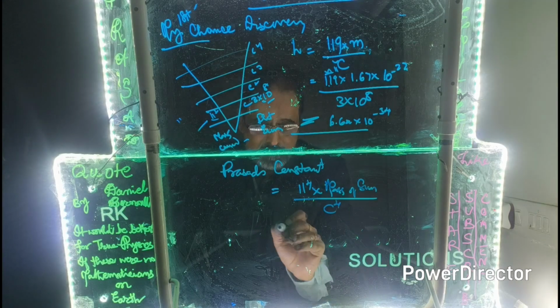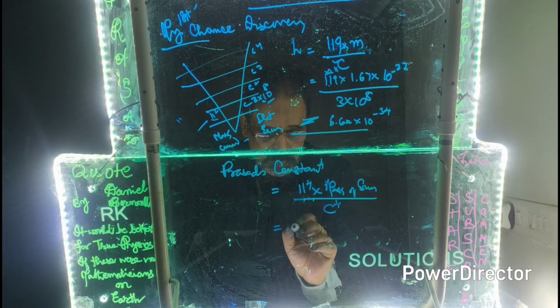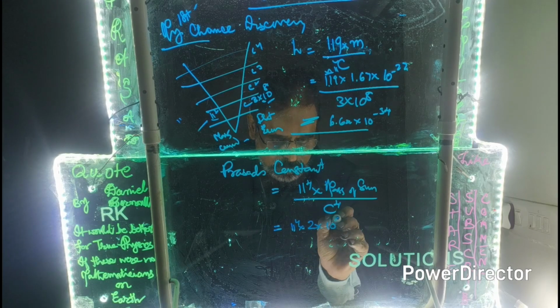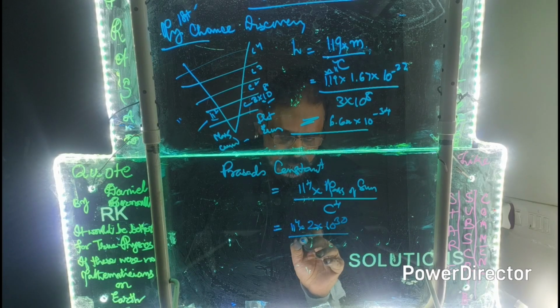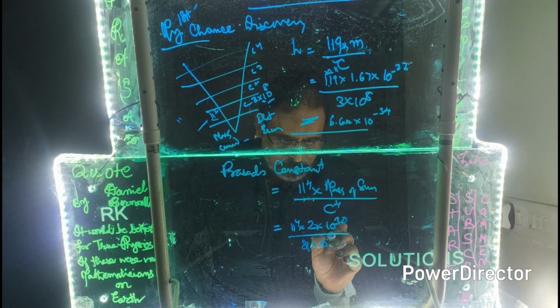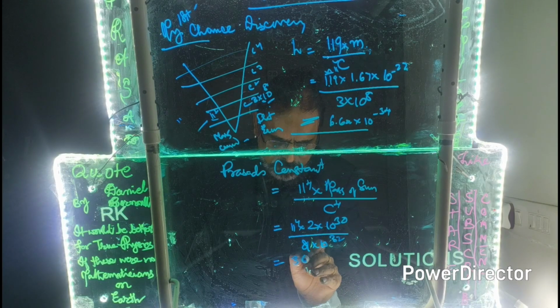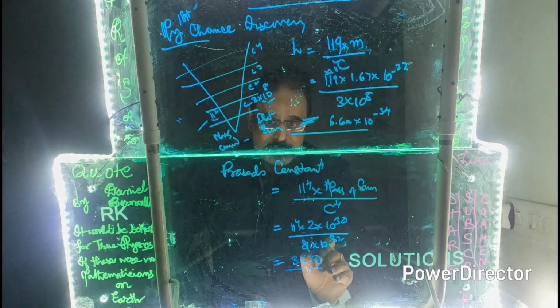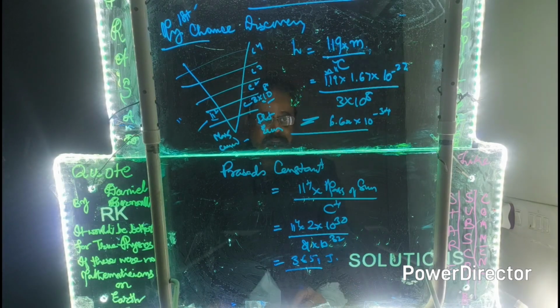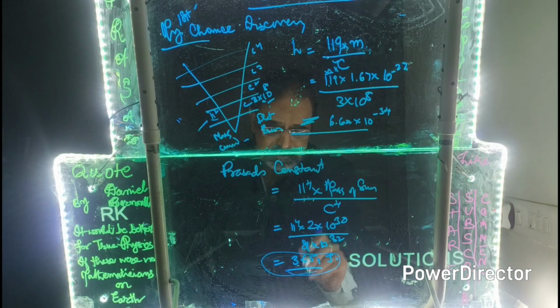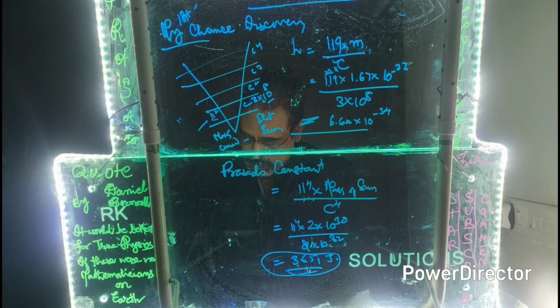What did I get? 11 raised to 4 into 2 into 10 raised to 30 by C4, which is 81 into 10 raised to 32. This I got nearly, it was 3.651 or something. Gauss, right? But this 6.51 is neither a constant nor related to any constant.